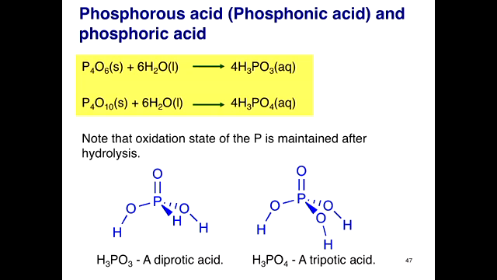The oxygen-hydrogen bonds, of course, can be broken. It can lose H+. Now, this is a much weaker acid than phosphoric acid. And that's because that oxidation state here is +3. It's +3 here, it's +3 there. Here it's +5. There it's +5. And we get this particular triprotic acid, which can lose up to 3 protons there.